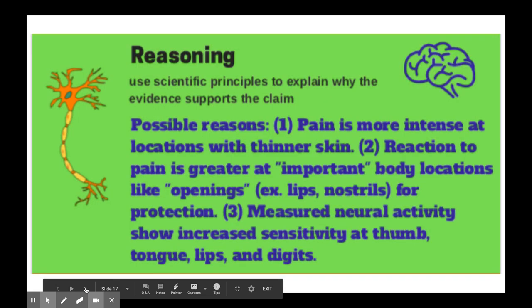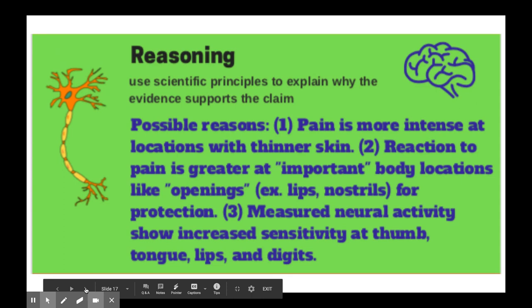And so what is the scientific explanation for why the nose hurts so much? One, we find that the pain is more intense in locations where the skin is thinner. We also know that reaction to pain is greater at important body locations like openings. And so our nose and our mouth are openings, and so we're going to experience more pain there.